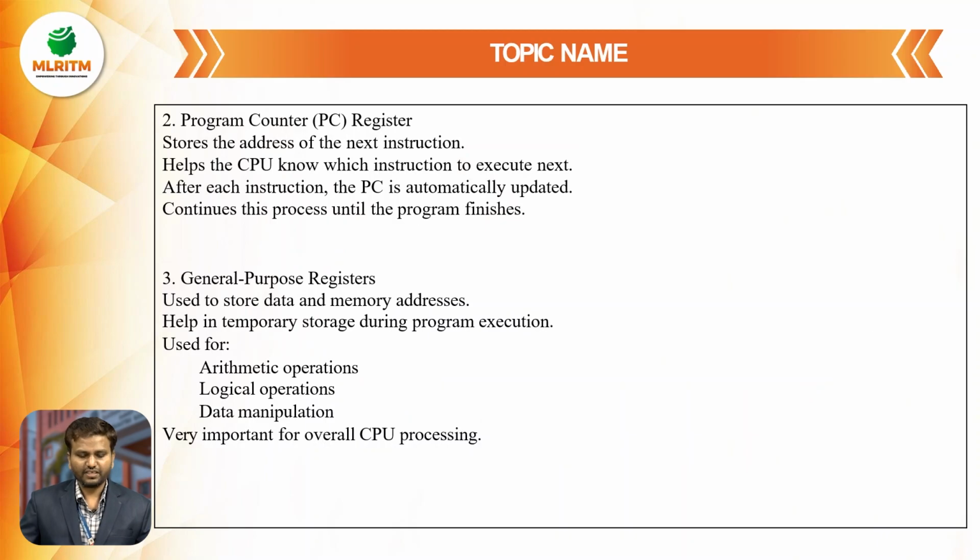The program counter register, called the PC register, stores the address of the next instruction. After one instruction is executed, the address of the next instruction is stored. While one instruction is in the fetch stage, the next instruction's address is taken.